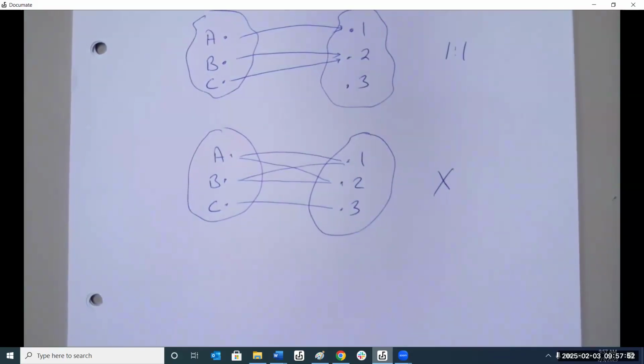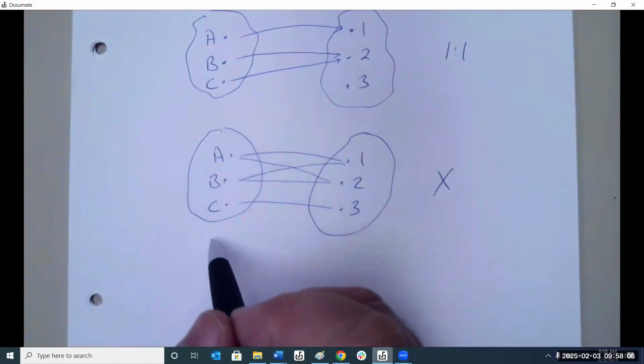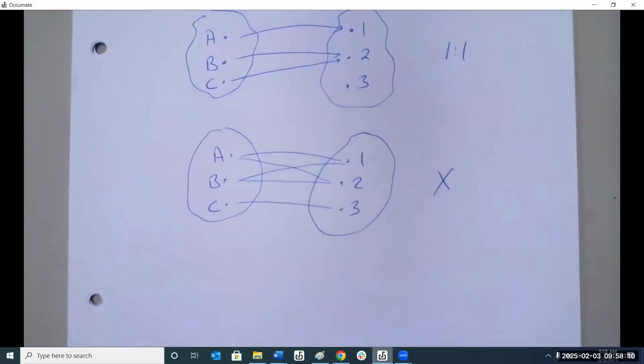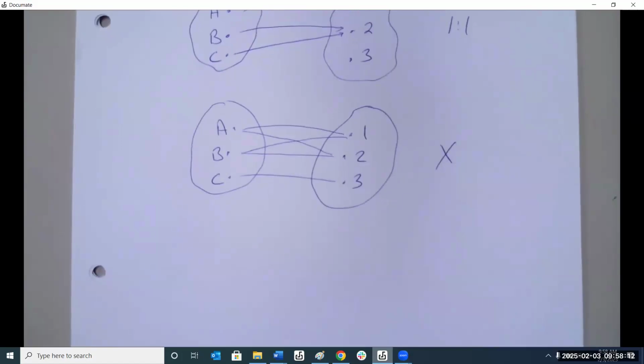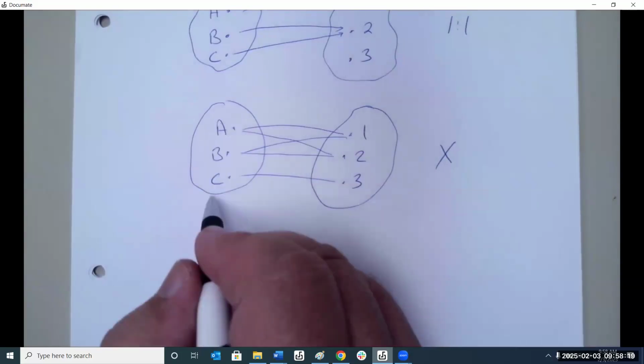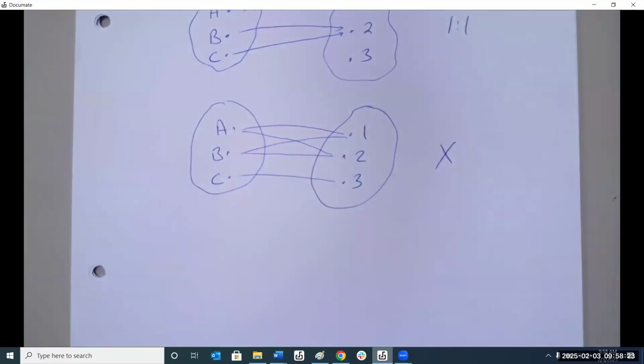Right. So basically, what you're just noticing is that out of each of the domain values, there can only be one line going out of it. Each of the X values can only have one Y value associated.